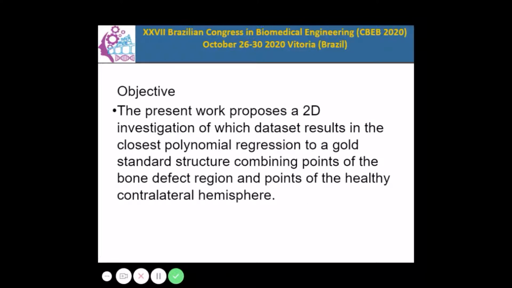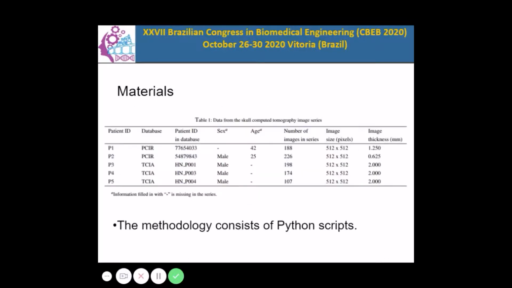The present work proposes a 2D investigation of which dataset results in the closest polynomial regression to a gold standard structure, combining points of the bone defect region and points of the healthy contralateral hemisphere. Such dataset analysis is not addressed in the cited reference studies and can improve semi-automatic and automatic methodologies results.